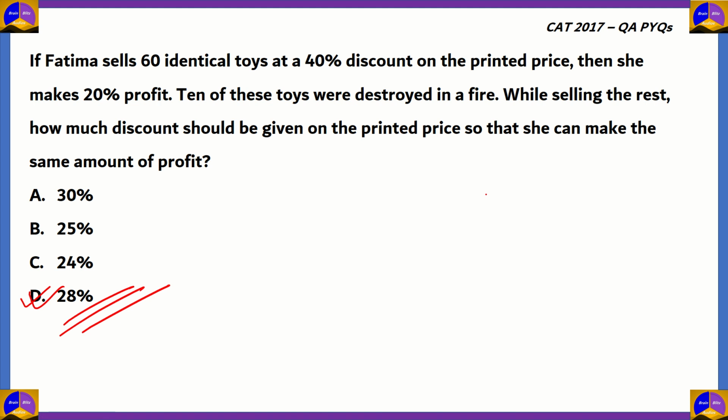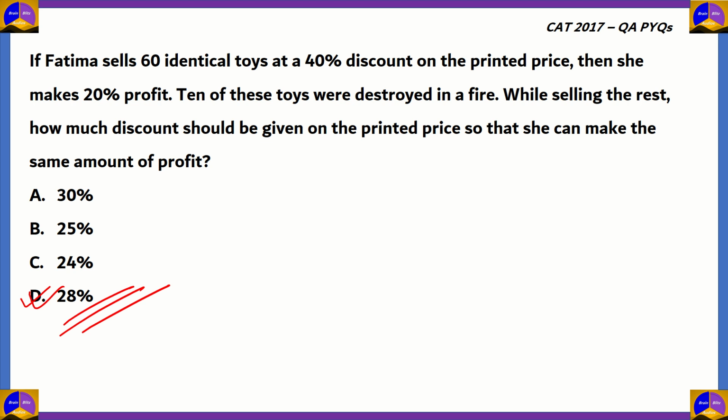So the idea is we find out the actual selling price after the 40% discount for the earlier case. We find out what the profit is in terms of the cost price, and we equate the selling price in a unit that is used for the cost price, and then we find the relation between the unit of the selling price and the unit of the cost price. And after doing that, calculate the total cost and calculate the printed price in terms of the unit of the cost price.